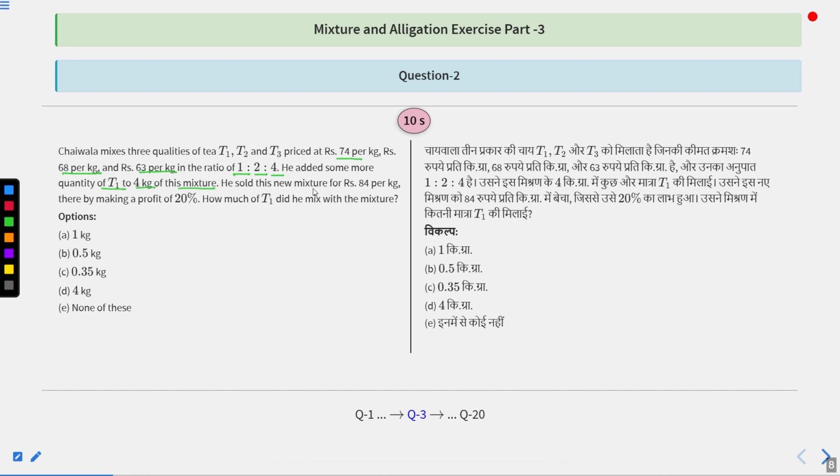He sold this new mixture for ₹84 per kg, thereby making a profit of 20%. How much of T1 did he mix with the mixture? You have 5 options and 10 seconds to analyze the question. Your time starts now. Now time's up. Let's see the solution.